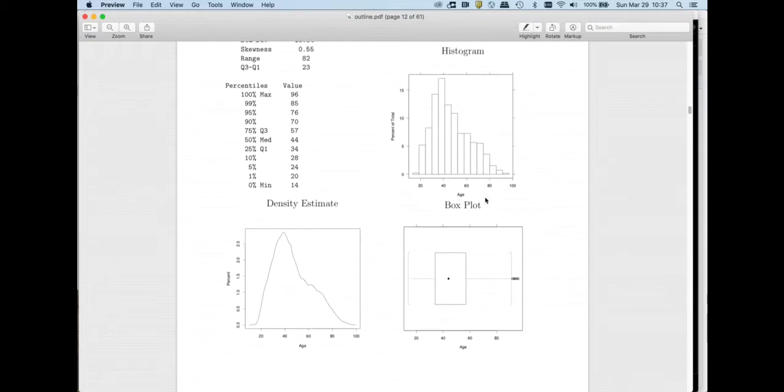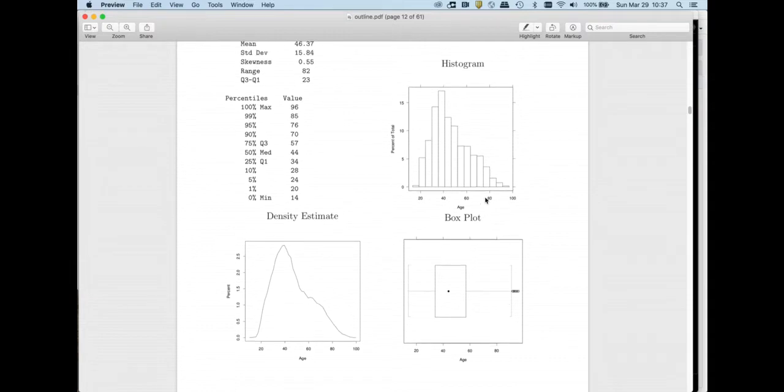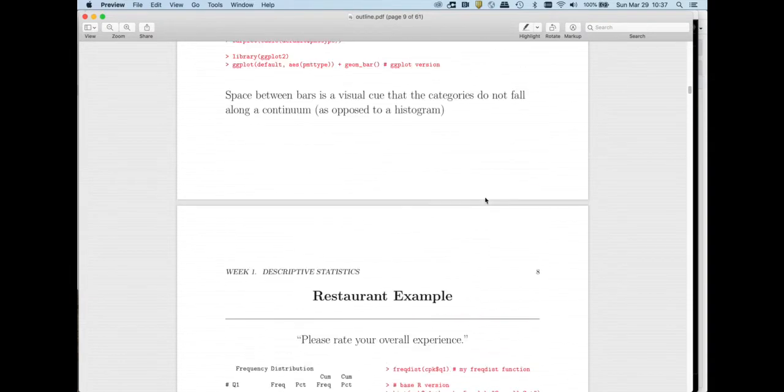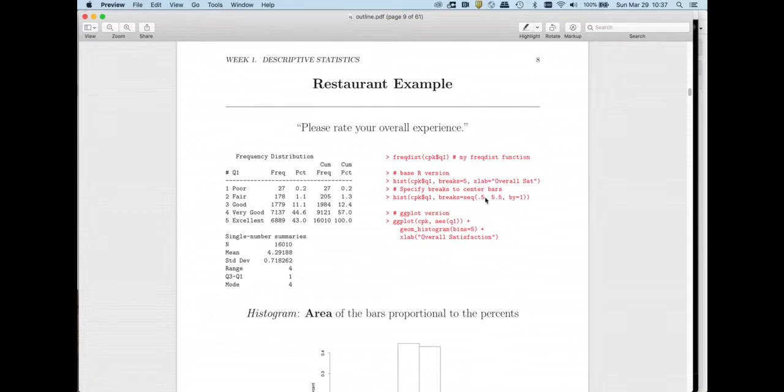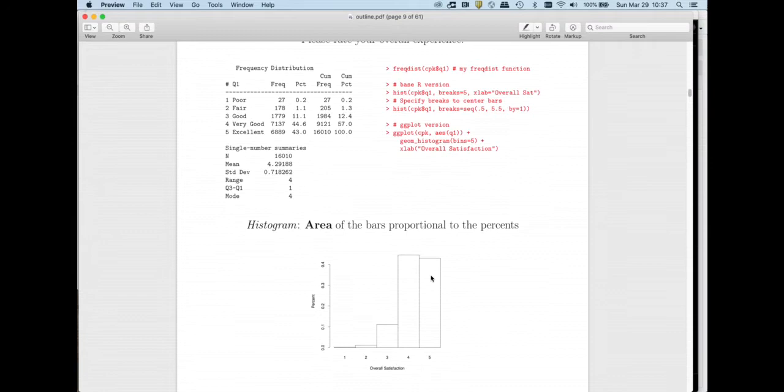How did we create this histogram? In the case of this restaurant example, I used the restaurant example first because it's so simple. I only had 5 possible values for my variable, and I could just create bars that had areas proportional to those counts.